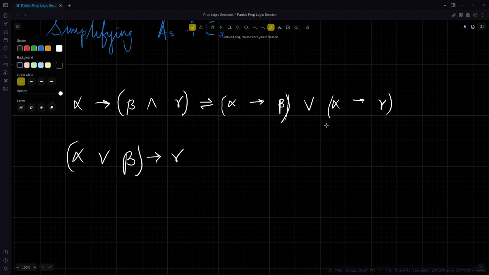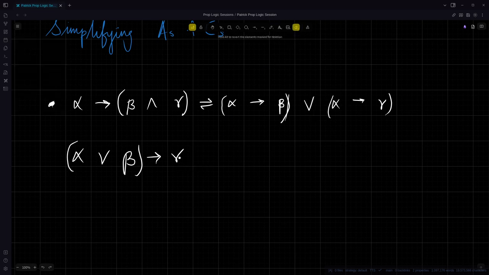Initially when we had the proof, it was alpha implies beta, right? And now we've replaced that with alpha implies beta or alpha implies gamma. So does that mean alpha implies beta or alpha implies gamma is the same thing as alpha implies beta? It's not the same, but it would have the same truth value because you can apply an addition rule, right?